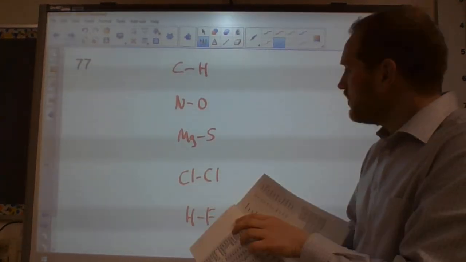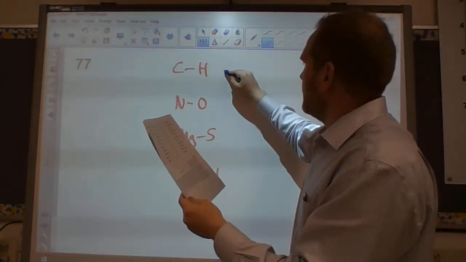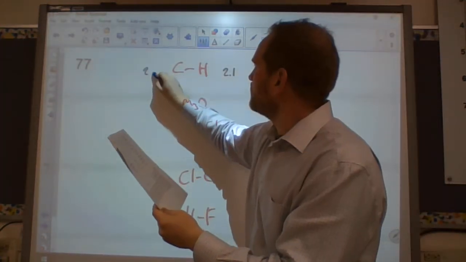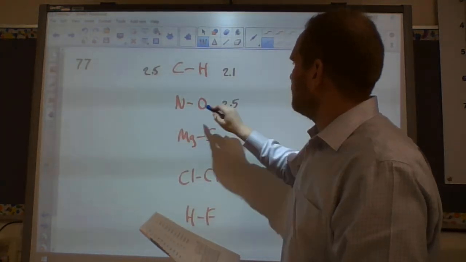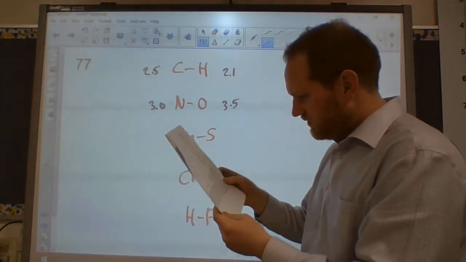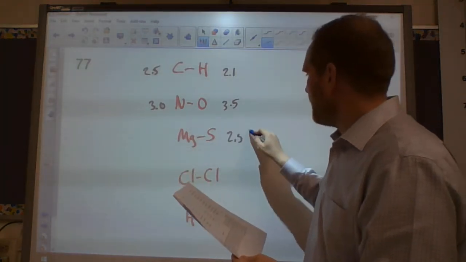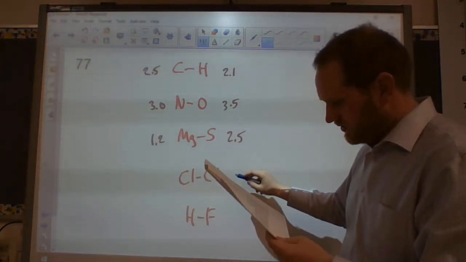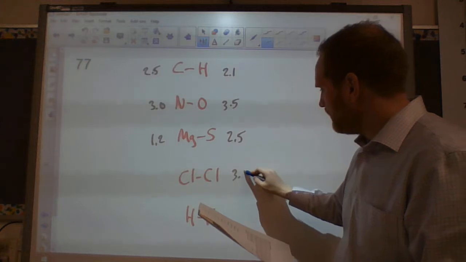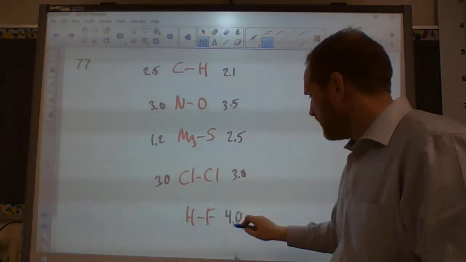All right, so I can do this the quickest by just listing them all right now. So hydrogen is going to be 2.1, carbon is 2.5, oxygen is 3.5, nitrogen is 3.0, I believe. Yep. Sulfur, 2.5, magnesium 1.2, chlorine is 3.0, fluorine, you all know that, 4.0.